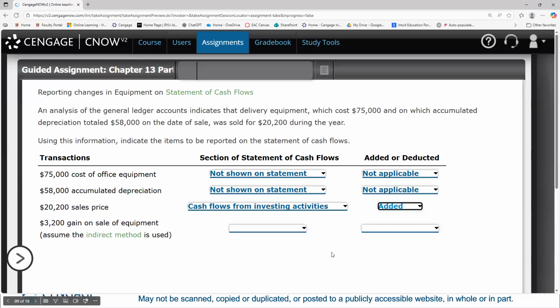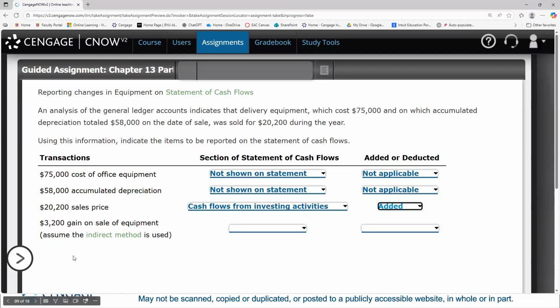And then this last one, we're using the indirect method. If you remember, I said the steps of doing the operating section are like number one, start with net income. Number two, add in depreciation expense because it's a non-cash expense. Number three, deduct gains or add losses.